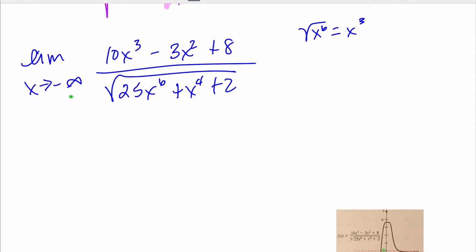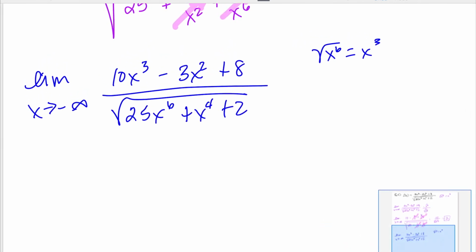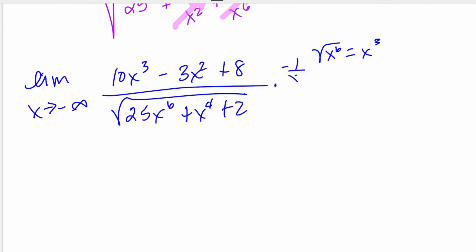Oh, there's my graph of it. I'm going to scoot it down to get it out of the way, and we're going to see it here in just a minute. So when I divide here, I'm going to divide by negative 1 over x cubed, but this x to the 6th is still going to be just x to the 6th because that's an even exponent.